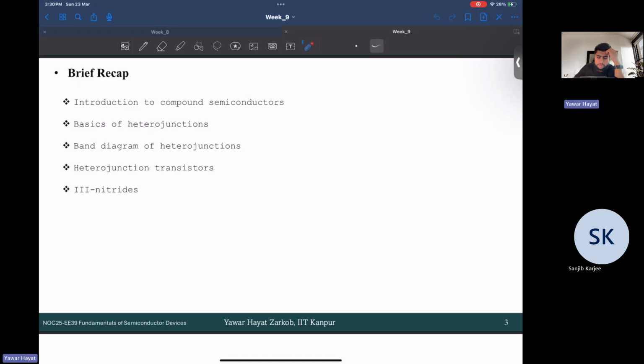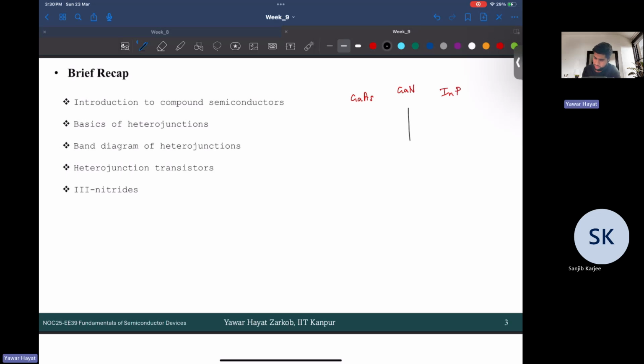Compound semiconductors are semiconductors that are made up of two or more than two elements, right? For example, gallium arsenide. This is a binary compound semiconductor. Why binary? Because it's made up of two elements. Similarly, you have gallium nitride, indium phosphide.